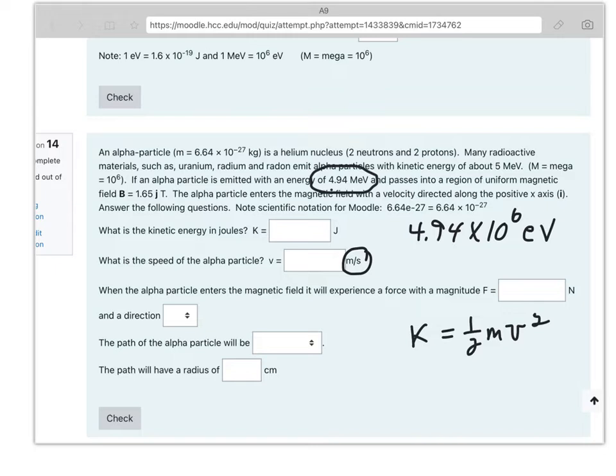And when an alpha particle enters a magnetic field, which is given, the force is just QVB sine theta, but it's entering perpendicular to the field.